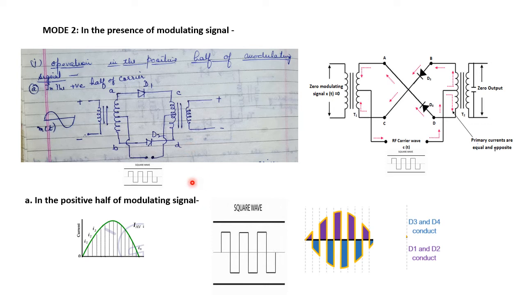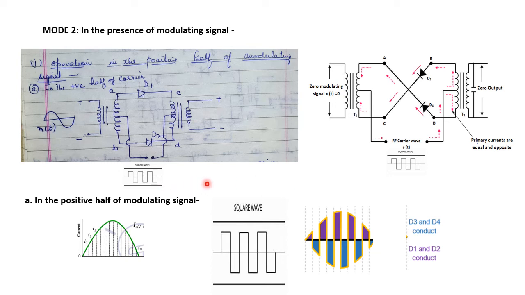As we have discussed earlier, the important point in the working of a ring modulator is that the amplitude of the carrier wave is much larger than the amplitude of the modulating signal. This arrangement is made in order to ensure that the biasing across the diodes D1, D2, D3 and D4 will be controlled by the amplitude of the carrier signal.